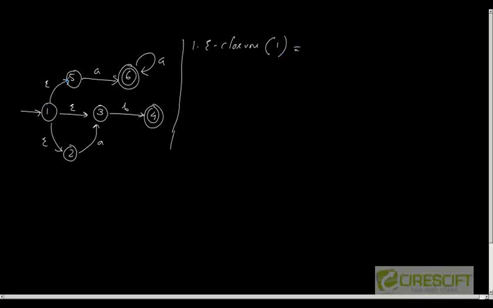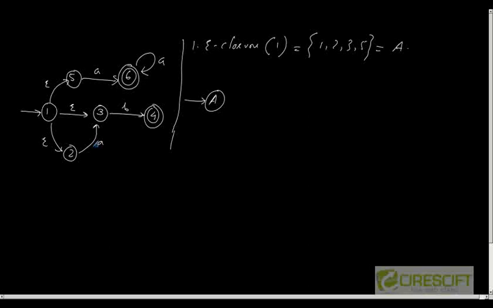It can be 2, it can be 3, it can be 5 and 1 itself. So it will be 1, 2, 3 and 5. Okay, and this I represent as state A. So this is my starting state.